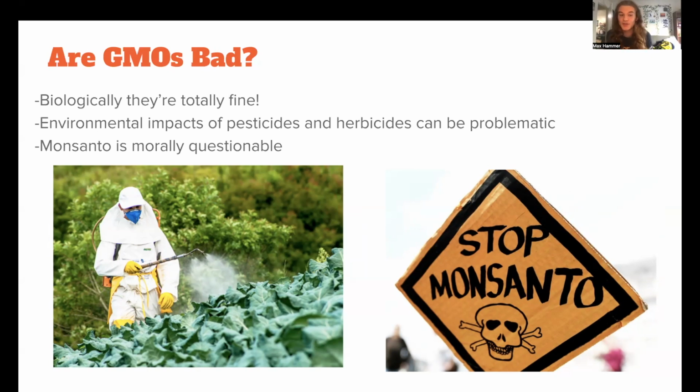These genes are just the things that tell our bodies and our cells how to make proteins, like every other gene in our body. But GMOs have still been a really hot topic of debate, and there are a lot of people who are opposed to GMOs, and I think it's important to briefly talk about some of the political discussion about whether GMOs are good or bad.